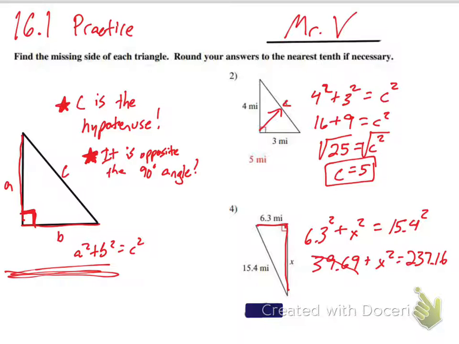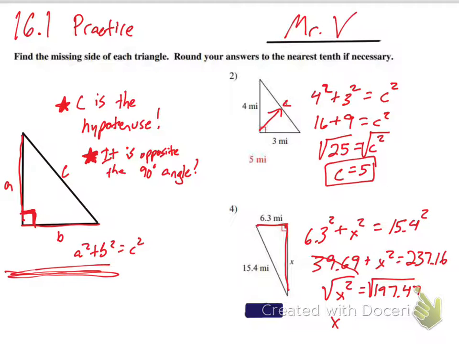So 39.69. So I'll have x squared is equal to 197.47. Again, I just find what x would be by taking the square root of both sides.